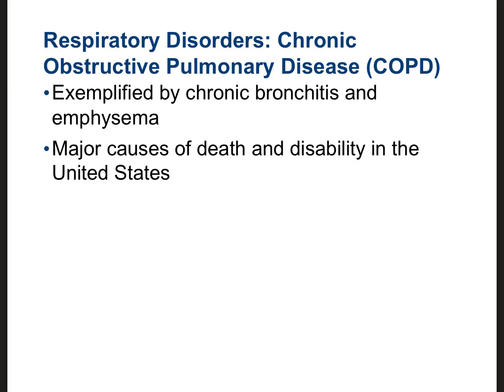So they're grouped together. They used to be separate, but now they're grouped together. We've all seen the pharmaceutical commercials for COPD about how to treat this and what it means. And this is a major cause of mortality and morbidity in the United States, as well as disability, okay?